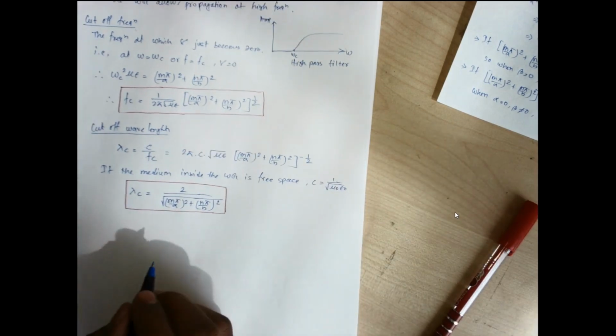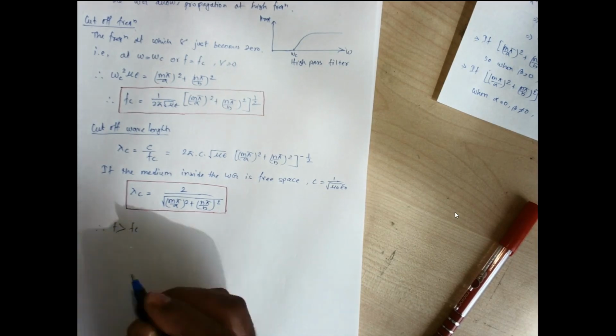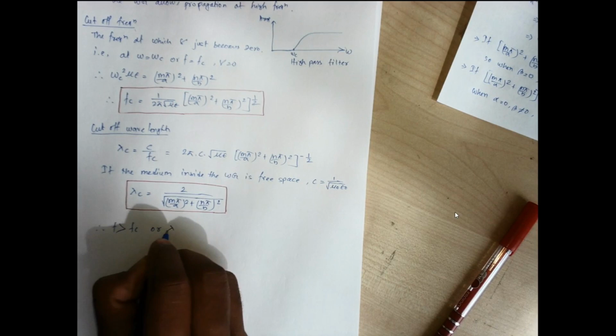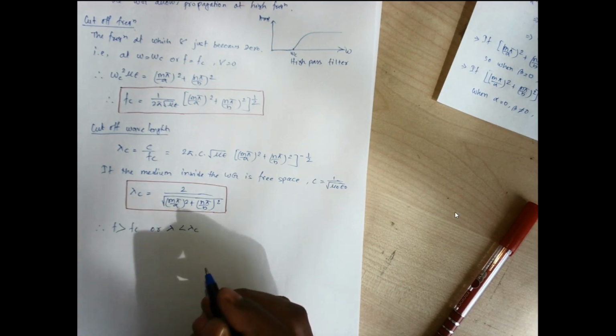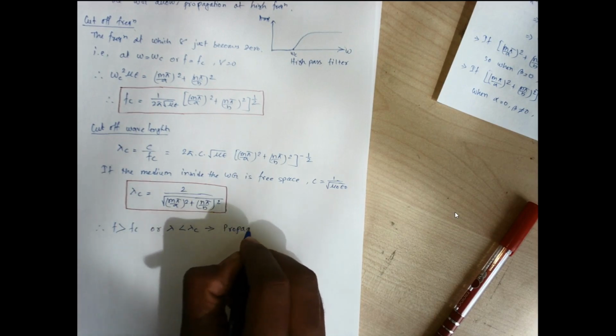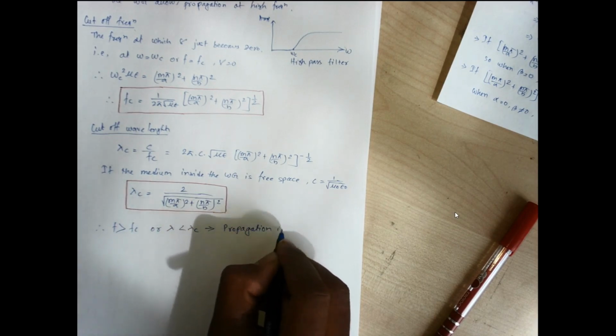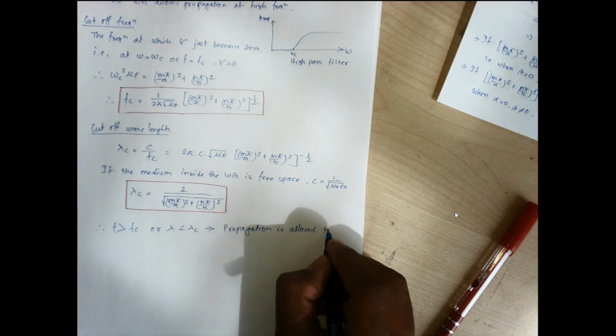So obviously, as we said, for f greater than fc or lambda less than lambda c, propagation is allowed in the waveguide.